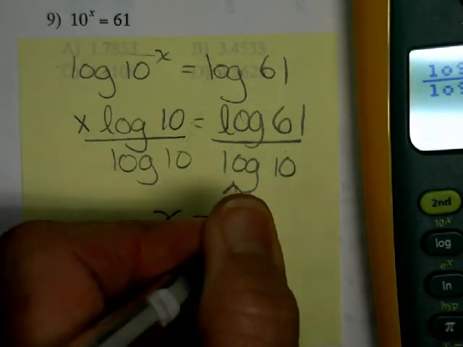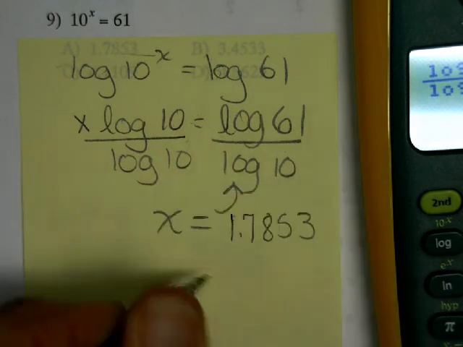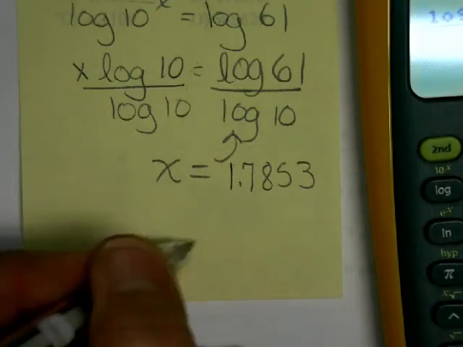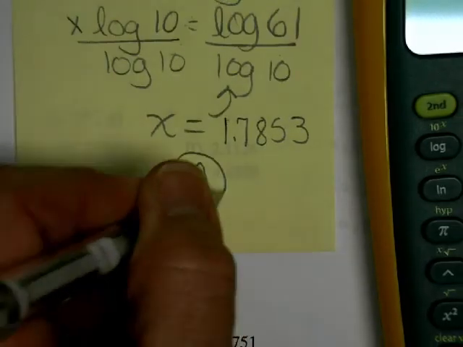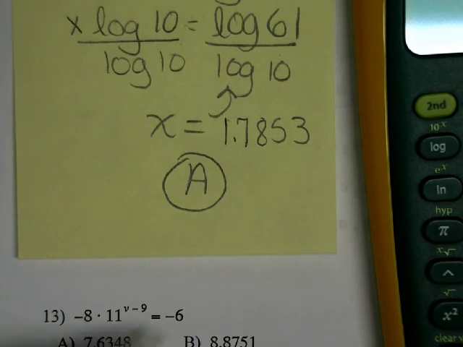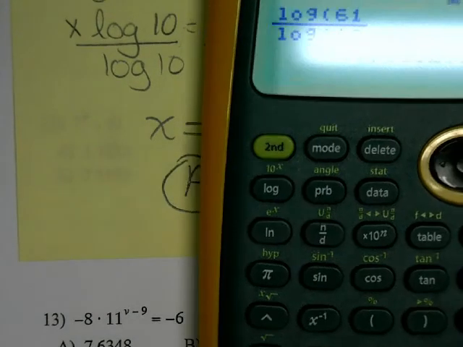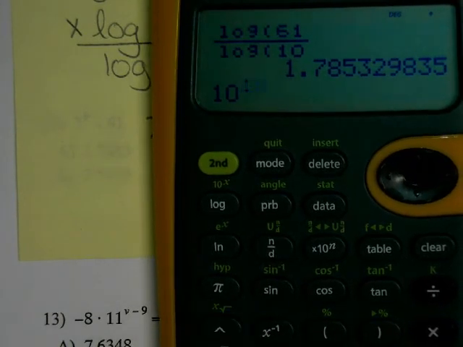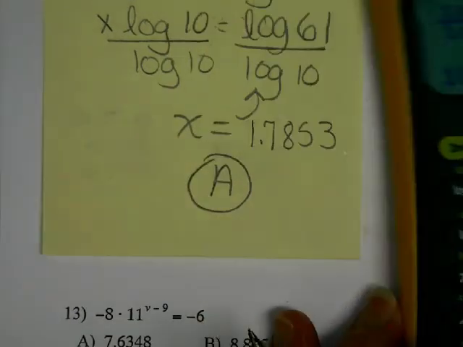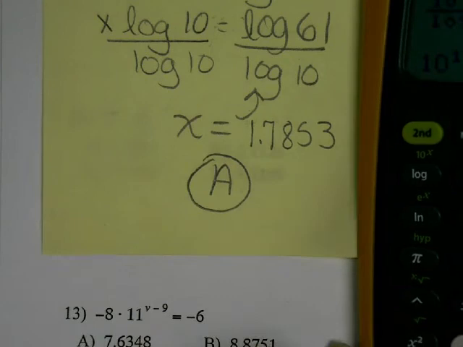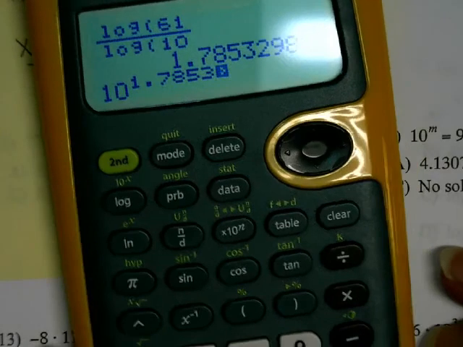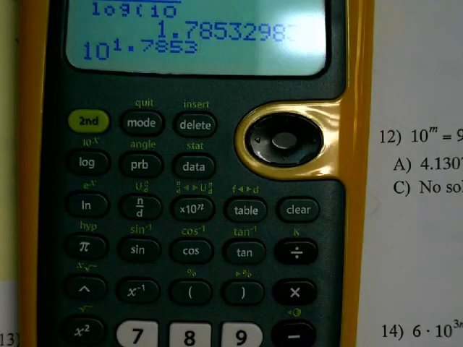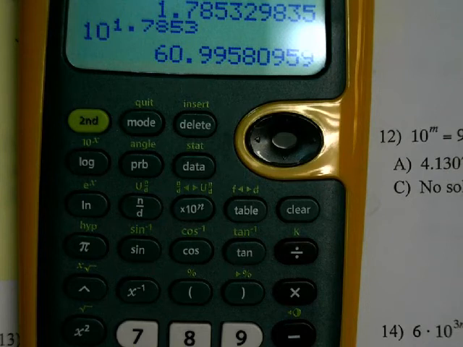Look for our choices. Looks like A, 1.7853. Looks like they rounded it to 4 decimal places. And you can always check. If I put 10 to the 1.7853, it's not going to come out perfect, but it's going to be close to 61.